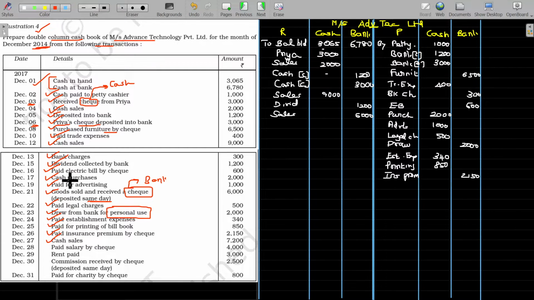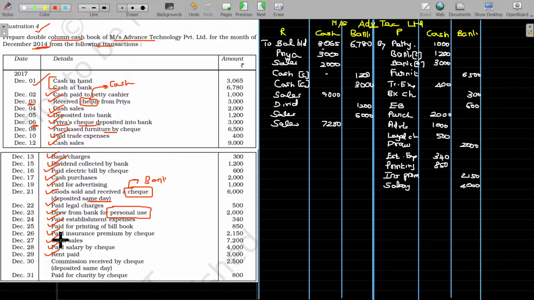And cash sales, we get the money, so in the receipt side sales, the value being 7200. Paid salary by check, so salary here, payment side, this value being 4000, that too by check, so put the value in the bank column.